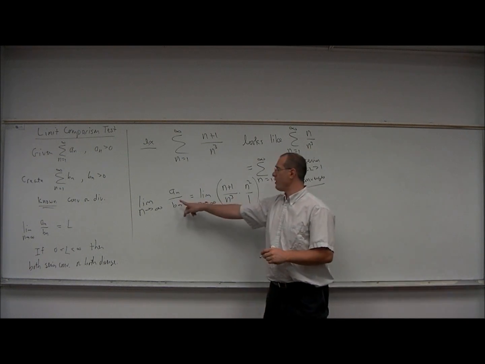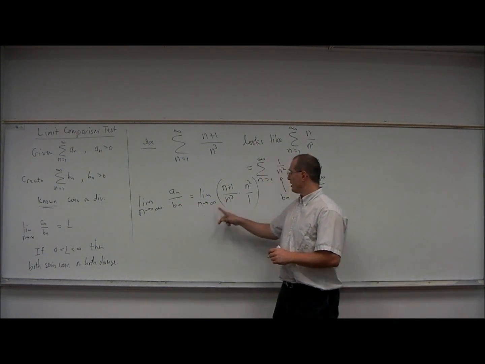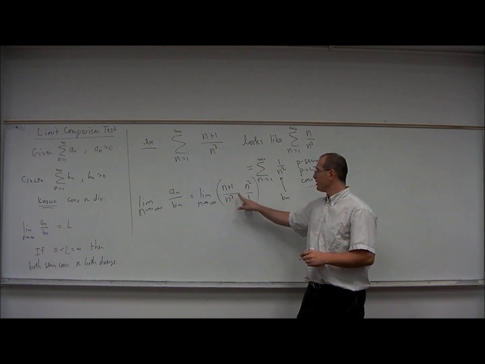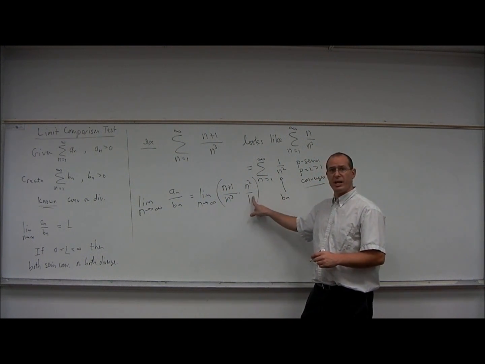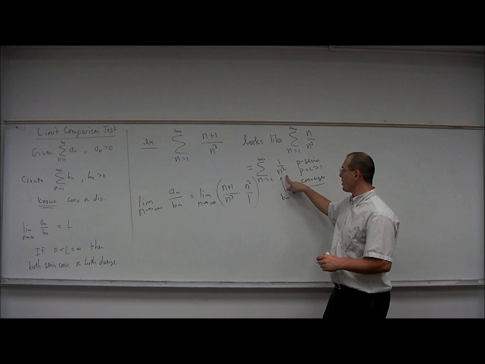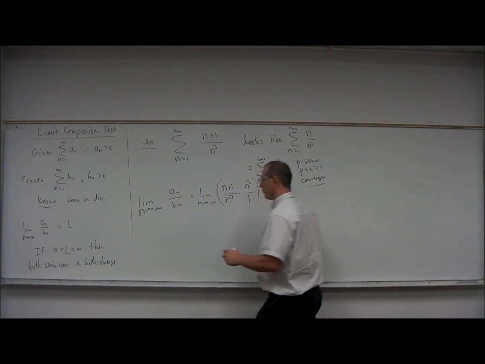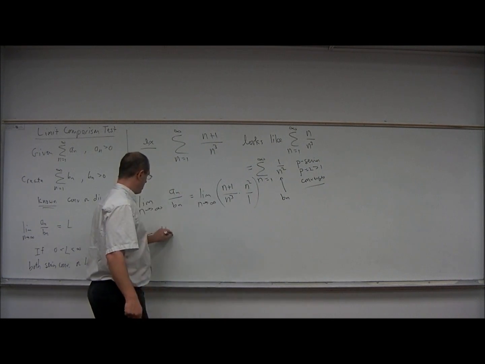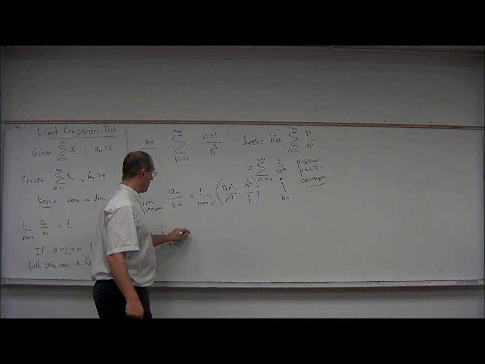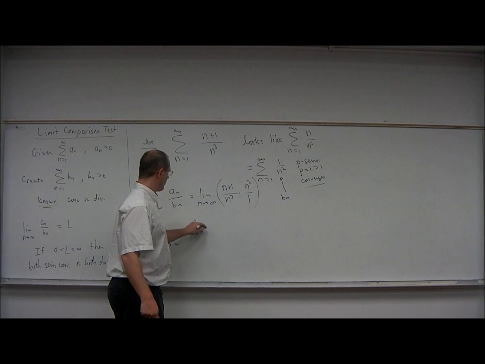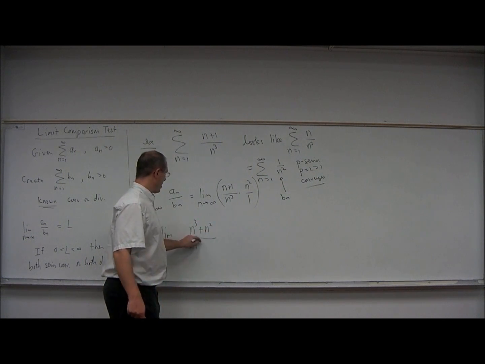When we calculate the fraction an over bn, we write it as an times the reciprocal of bn. bn is 1 over n squared, so its reciprocal is n squared over 1. So now this limit becomes the limit of n cubed plus n squared over n cubed.